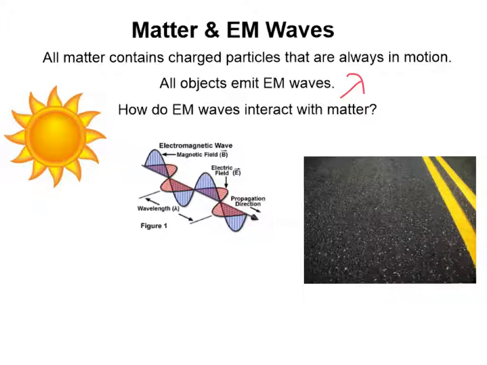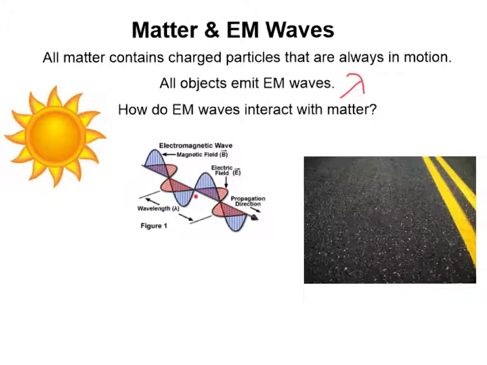So let's think about the sun emitting electromagnetic waves. And here we have an electromagnetic wave traveling through the vacuum of space from the sun to the earth until it hits an object and comes into contact with asphalt, let's say, for example. This asphalt contains charged particles and magnetic materials, and there is an interaction between this electromagnetic wave and this object.